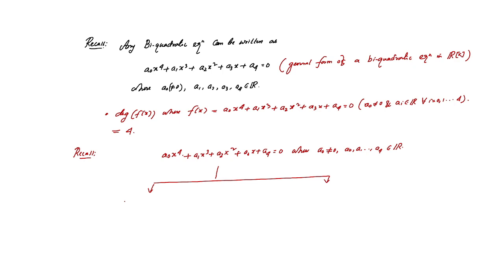The first type is where the coefficient of x cube vanishes.